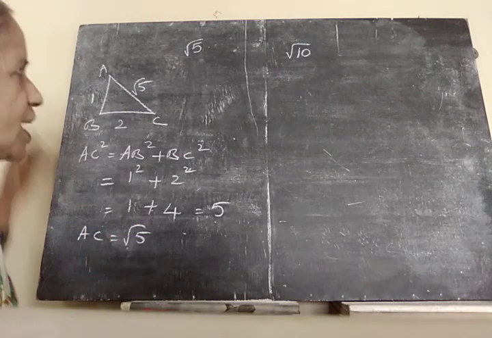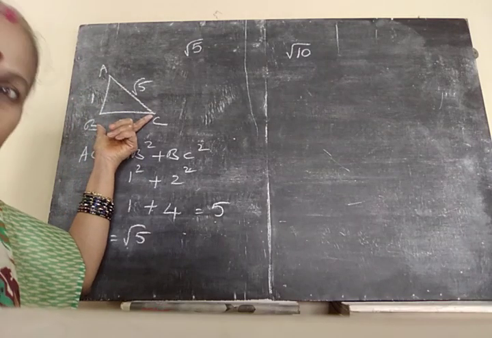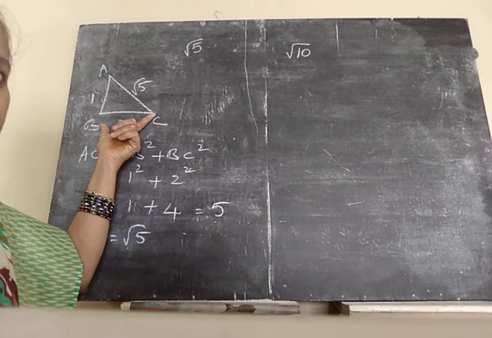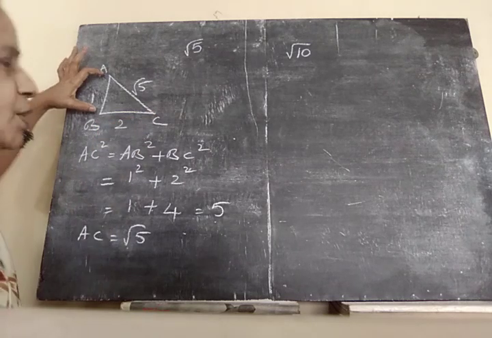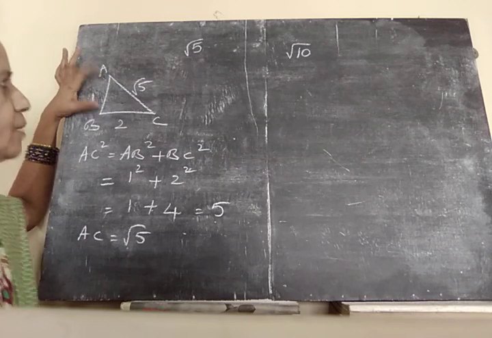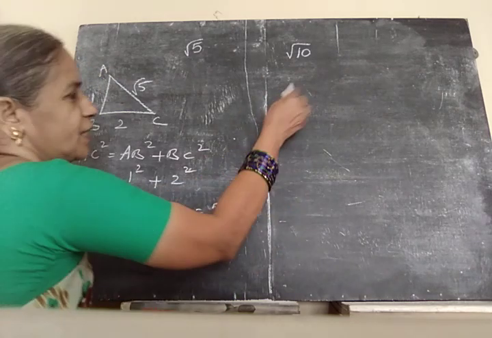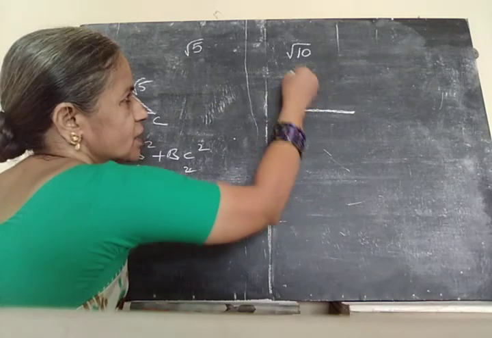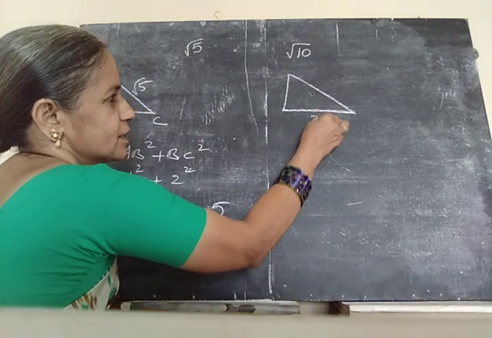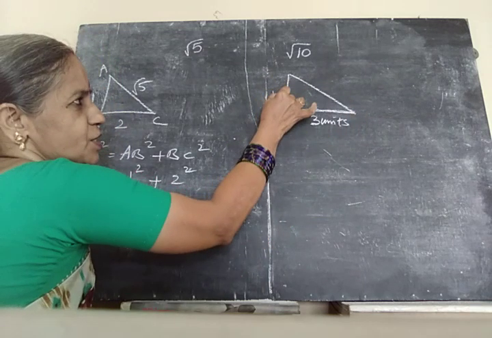Okay? So like that, directly take 2 units as base and take 1 unit as another leg of the right angle triangle, then the hypotenuse we will get is root 5. Now like that, root 10. Take 3 units and here 1 unit.